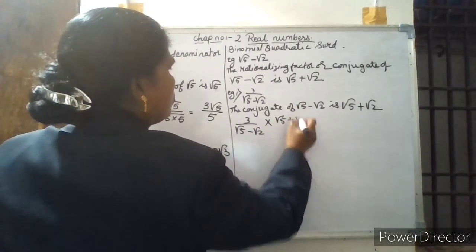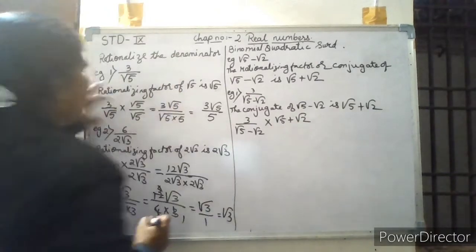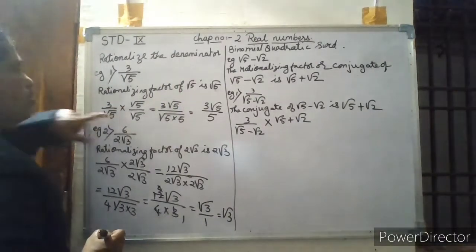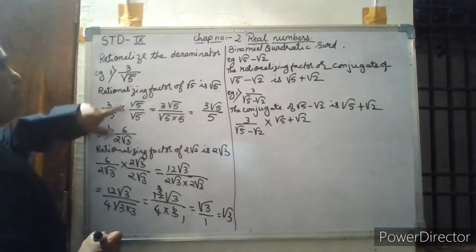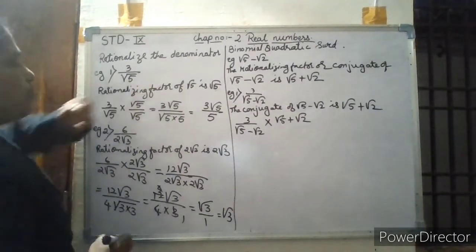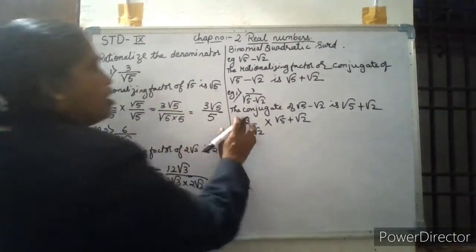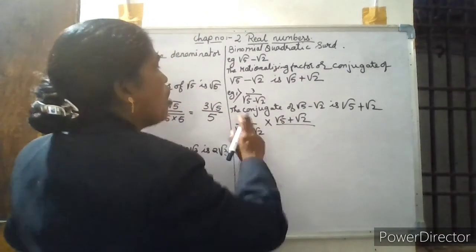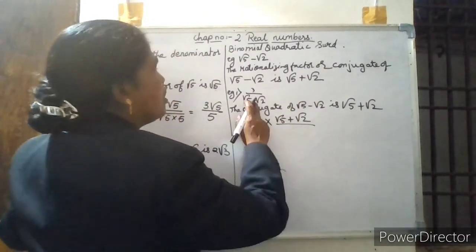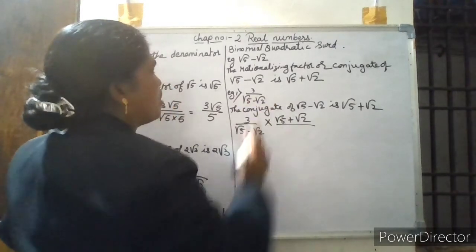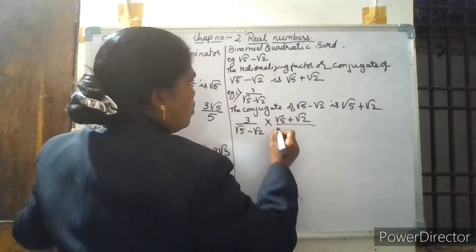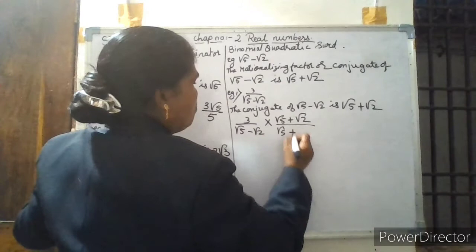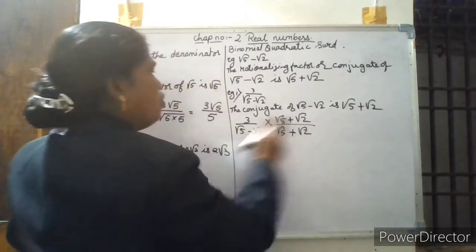As we have done rationalizing here, numerator and denominator both are multiplied by the rationalizing factor in the same manner. Numerator and denominator both must be multiplied by the conjugate of the denominator, that is the binomial quadratic surd, so upon root of 5 plus root of 2. Now numerator into numerator.